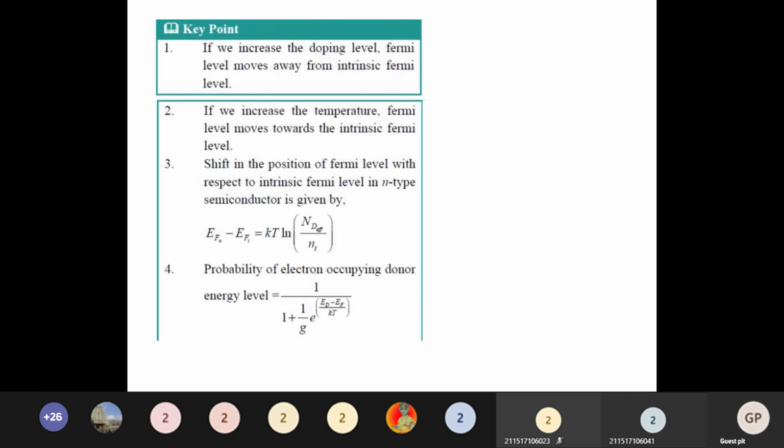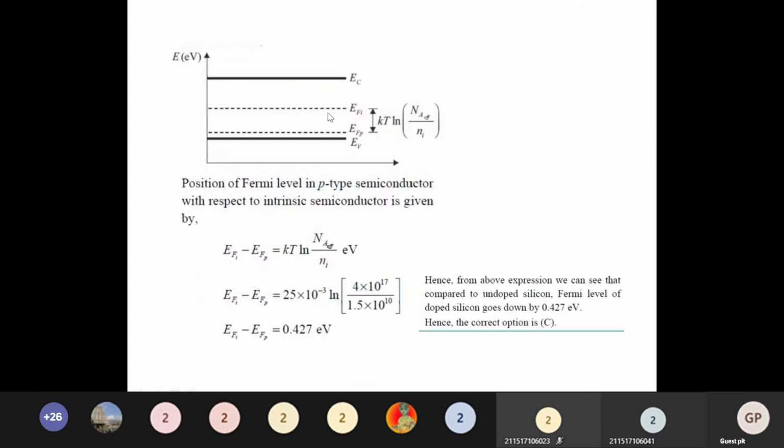So this is the formula we used now. Same thing here, the probability of an electron occupying the donor energy level formula is also available here. This is for when the material is n-type material. This one is p-type; we discussed the p-type material, Fermi level near to the valence band. So EFi minus EFp.